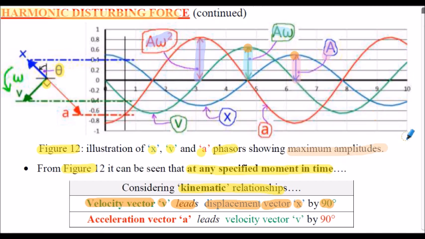We're plotting here against time. And the acceleration vector a leads the velocity vector v also by 90 degrees. So the acceleration curve peaks here and the velocity curve peaks here. And again, if plotted against angle, they would be 90 degrees apart here, or pi upon 2 radians apart.